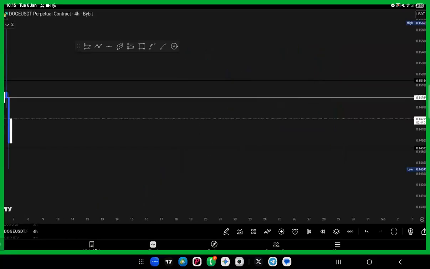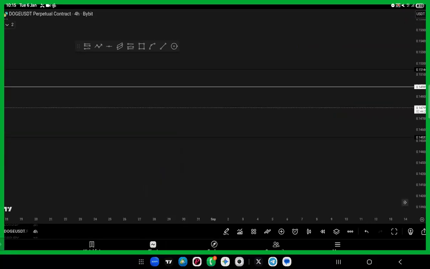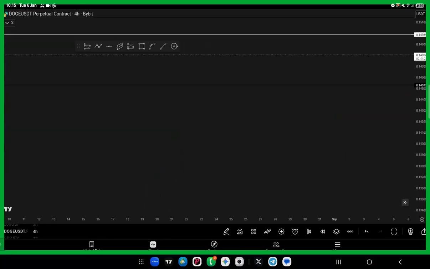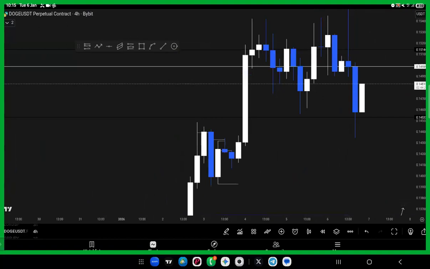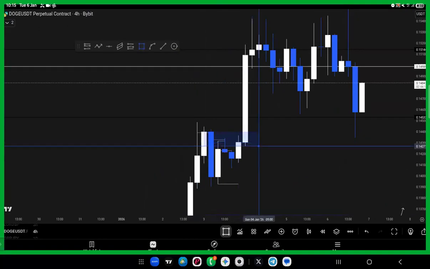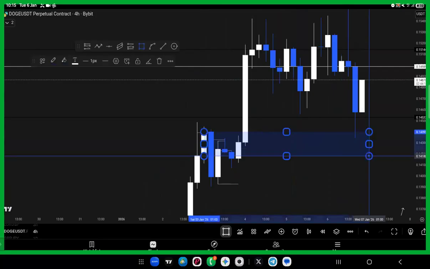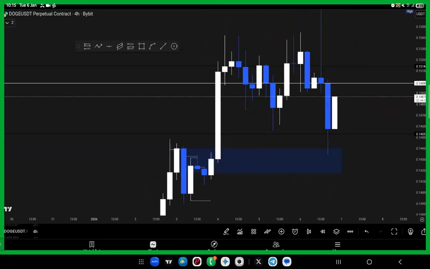Let me go back to the 4-hour time frame. Now, in the 4-hour time frame, you can see this breaker block here, this supply zone here, this is a breaker block. In this time frame, this is the distance. So if I take this particular trade, what will happen?